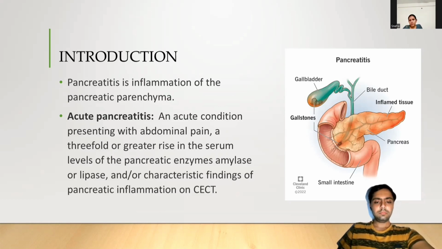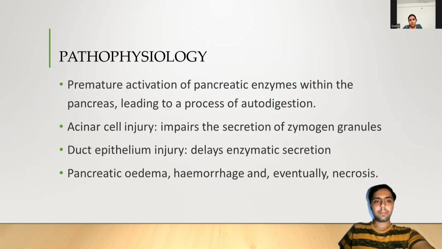Moving on, pathophysiology. So what causes it? Basically there is one mechanism that is called autodigestion. Here the enzymes which are secreted into the pancreatic duct get blocked by a gallstone or any other means like a carcinoma present in the pancreatic duct.